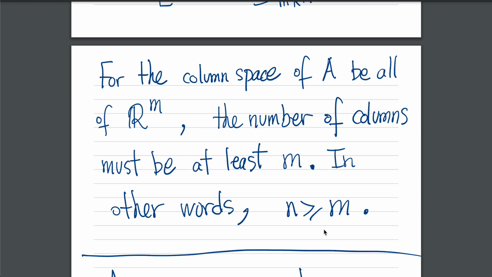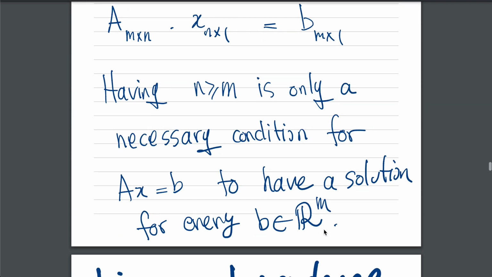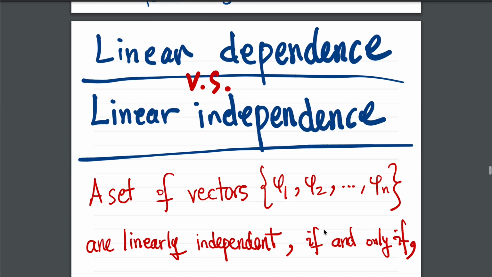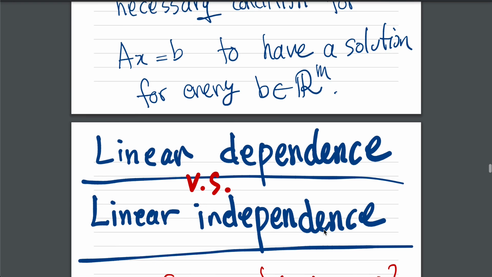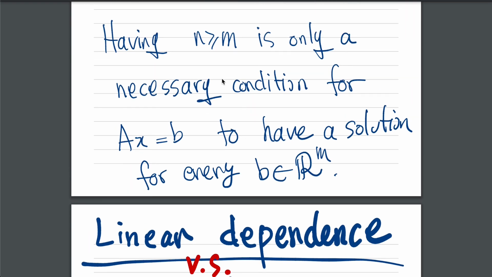And a plane does not cover the whole three-dimensional space. That's an example. Now, again, having n greater or equal to m is only a necessary condition.